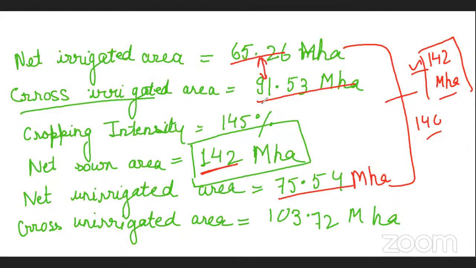By subtracting the net irrigated area from this gross irrigated area, we can calculate how much area is irrigated more than once.